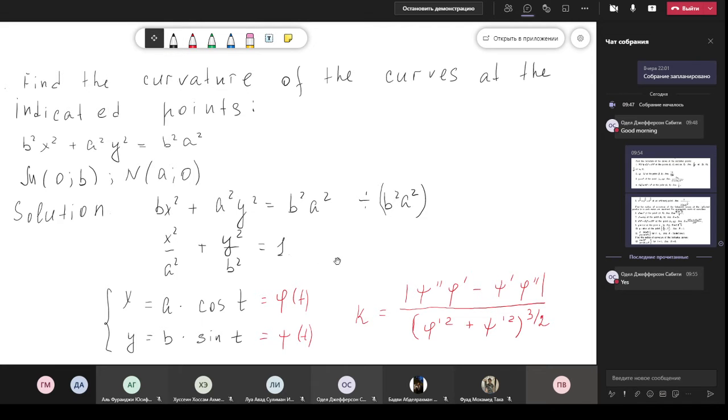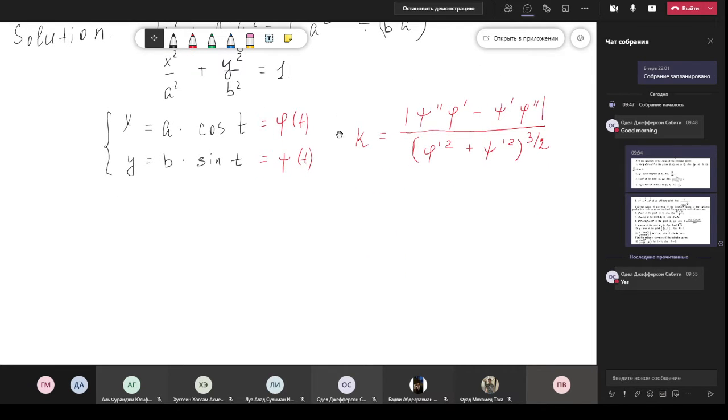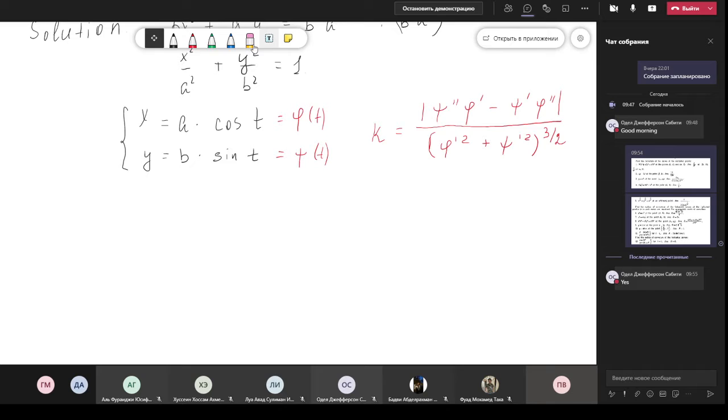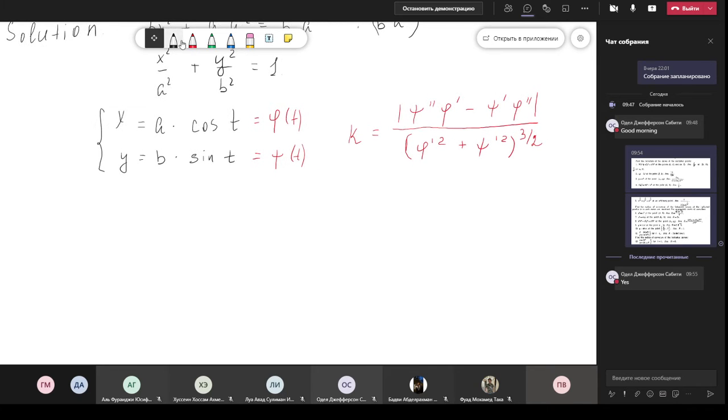It means we must calculate phi prime of t and psi prime of t. Phi prime is x prime with respect to t. A is constant and the derivative of cosine is minus sine of t.